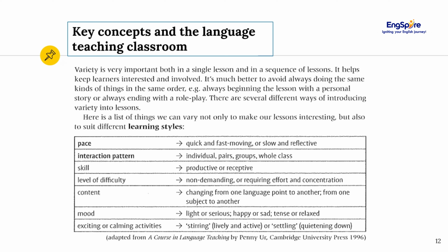It's also useful to balance tiring activities such as role play or games with settling activities such as reading quietly or completing a worksheet. By varying these different aspects, we can create lessons that are more engaging, balanced, and effective for different learners.